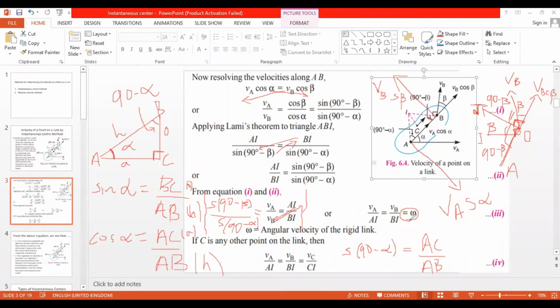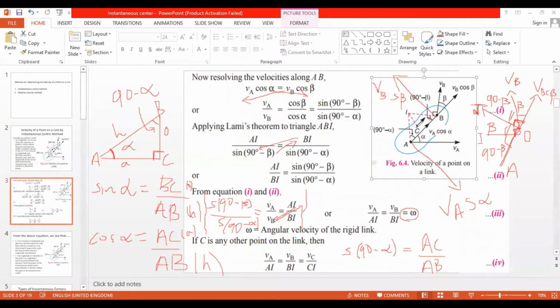So that's the conclusion. Even if the velocities of a rigid link are different at different points on the link, the angular velocity is the same. Because you see here, this is the point A and the velocity is VA, that is a different velocity. Here, this is point B and this is VB, a different velocity and different point. And randomly, I am taking another point C here.